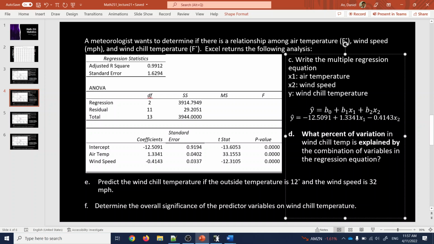Well, there's a formula for that that's dependent on the correlation coefficient R. But I was asking for the name. The name is the coefficient of determination. So the coefficient of determination is 0.9912. So therefore, 99.12% is the answer.